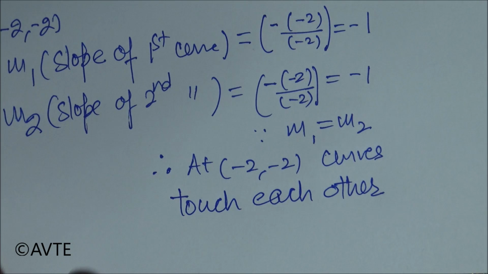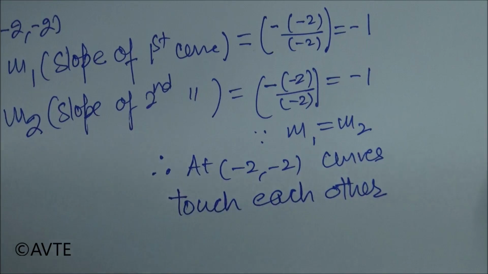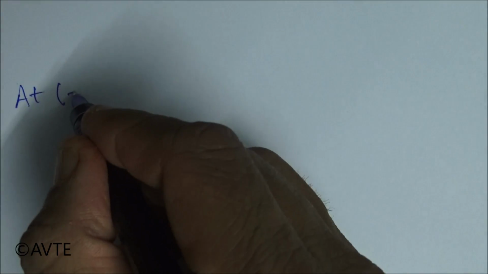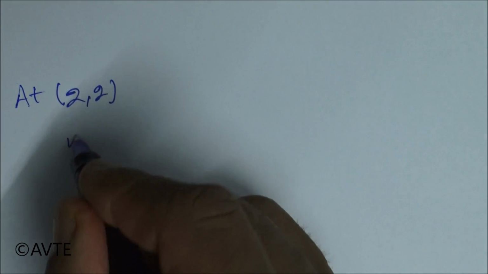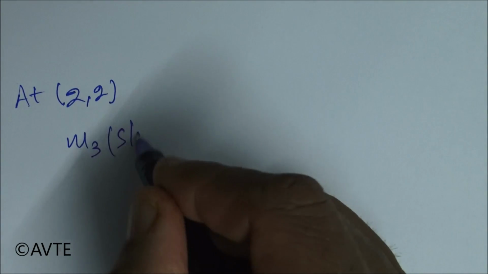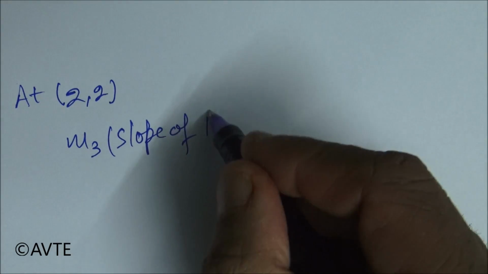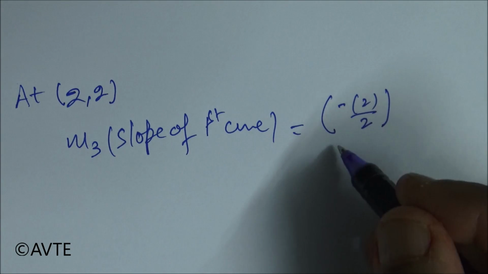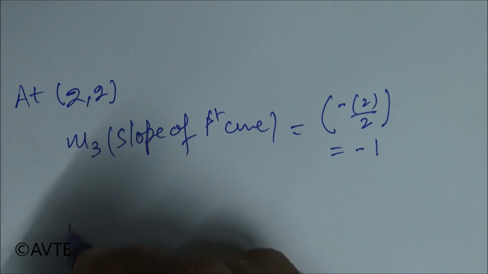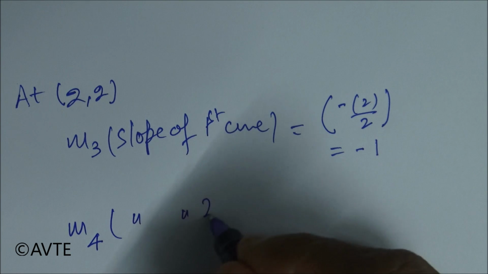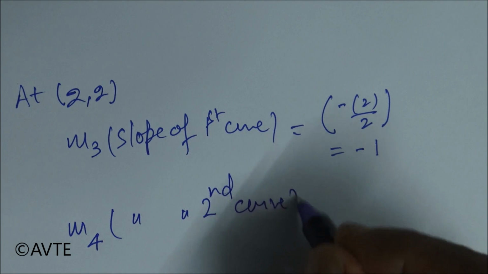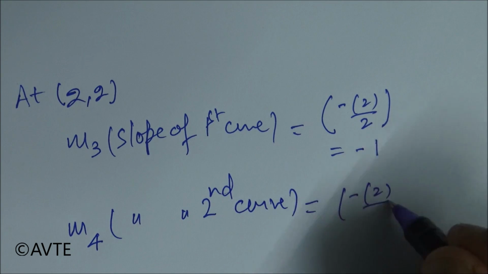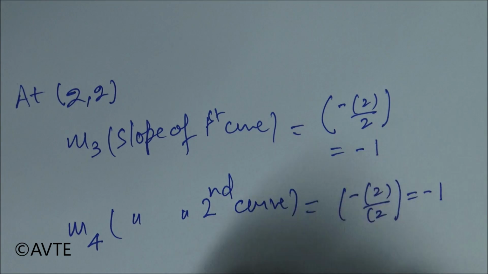And in the same way, we'll now find the slopes at 2 comma 2. Calling this M3, and the slope of the second curve M4.